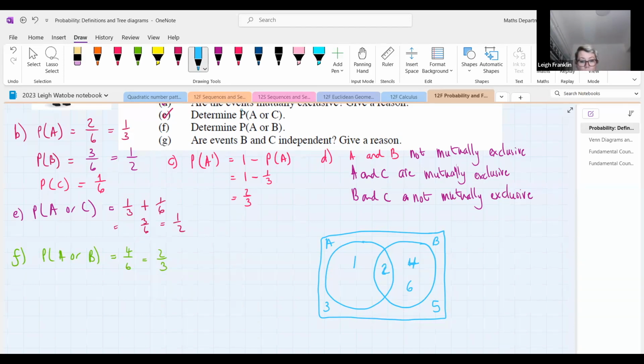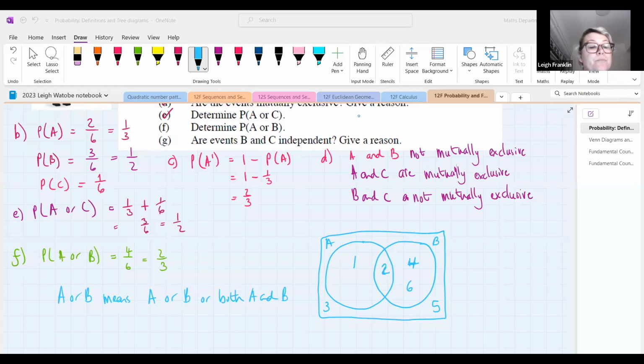The 1, the 2, the 4, and the 6 are either in A or in B, or they are A and B. Remember, A or B means A or B or both A and B. That's what A or B means. So A or C is the same thing. It means A or C or both A and C.